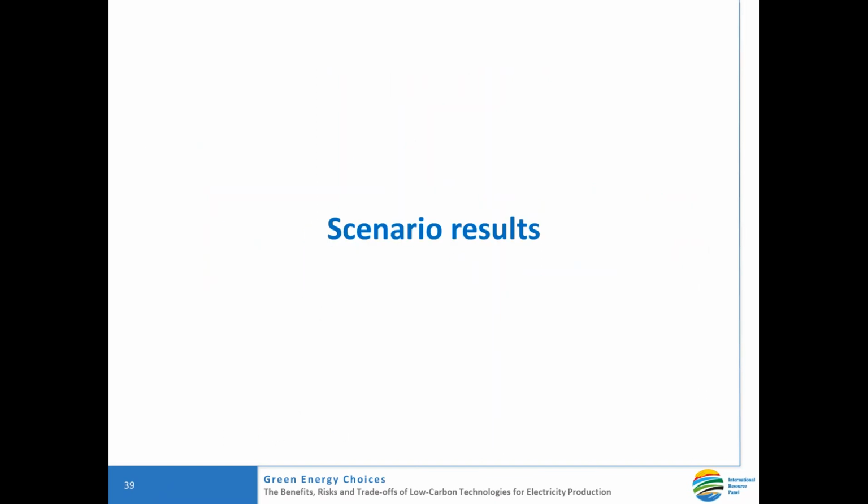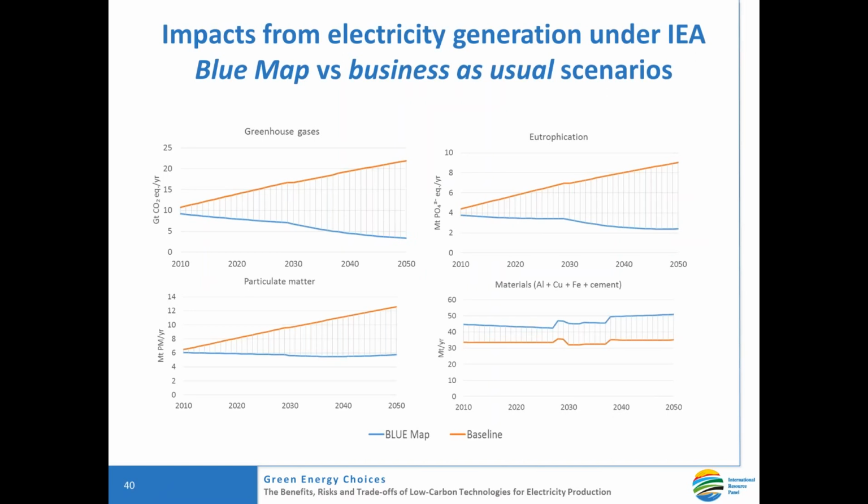Finally, I want to look at scenario results. And here I just show you a few of the indicators. So here we're comparing the baseline scenario that basically consists of a continuation of present energy policy with a doubling or more than doubling of electricity production, and contrast that to the Blue Map scenario, which consists of a radical change of the electricity generation system to a largely renewable and CCS-based system.